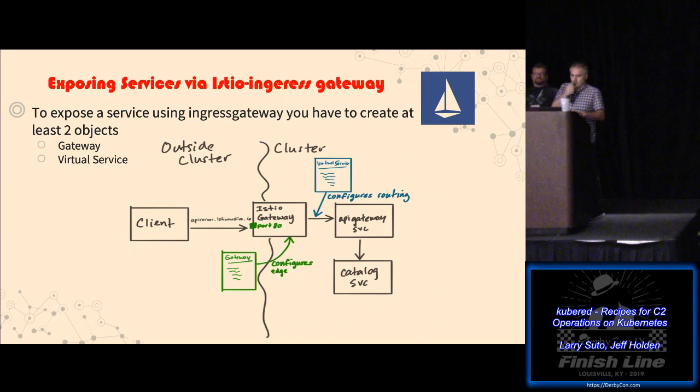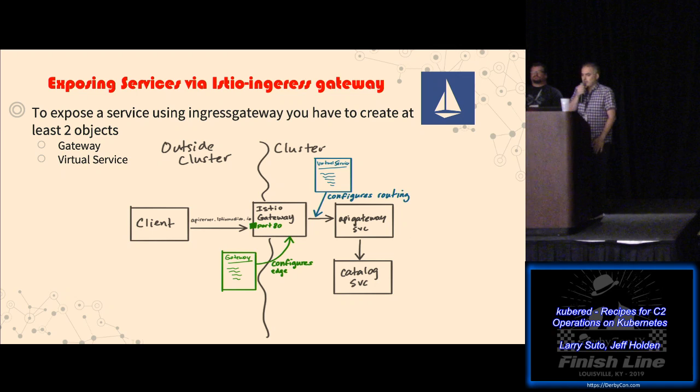So now you have your ingress gateway launched, or multiple ingress gateways launched. Now you want to configure it. This is basically how you configure it. You create what's called a gateway, which exposes the ports on the ingress controller load balancer that you're going to bring into the cluster and attach to your C2 environment.